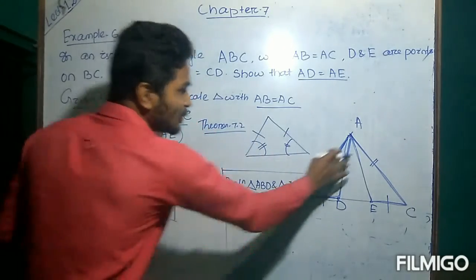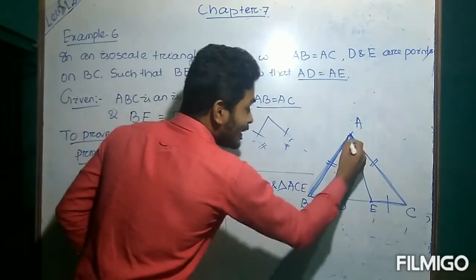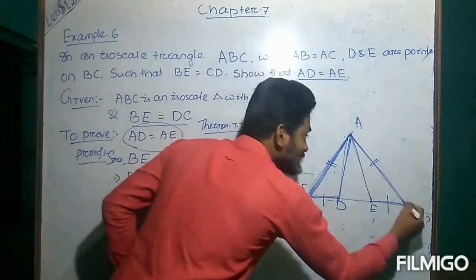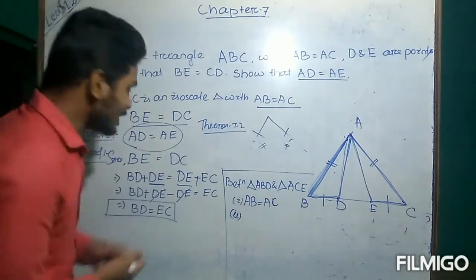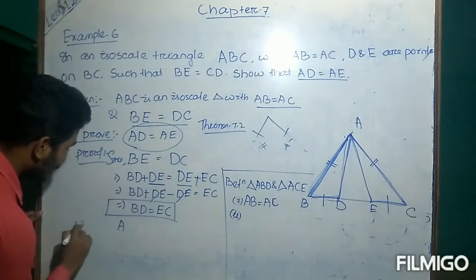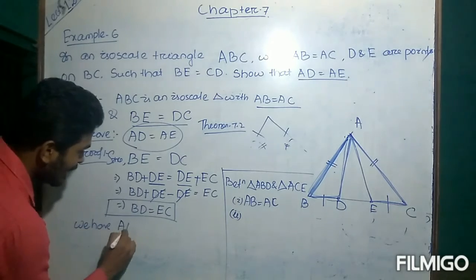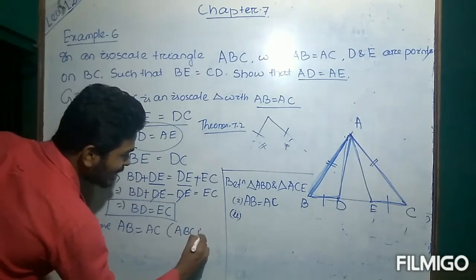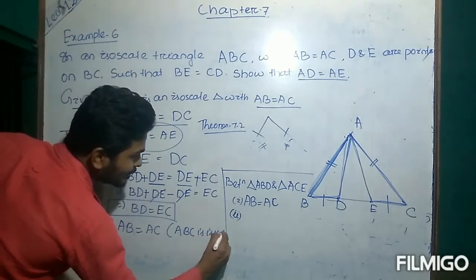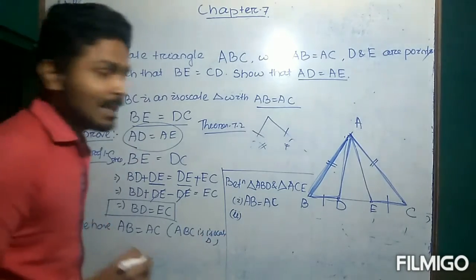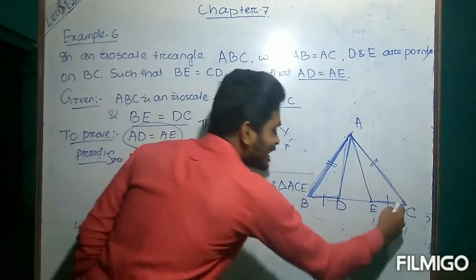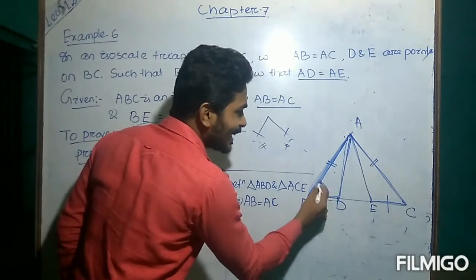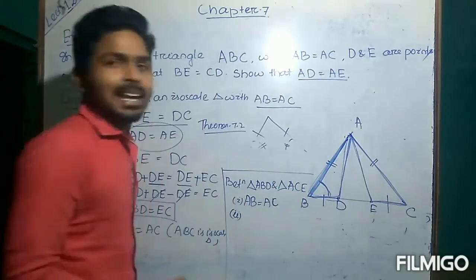So here also, as you know, AB side is equal to AC side. Yes or no? Yes. So we have AB is equal to AC. Why? Because ABC is an isosceles triangle. Now, if AB is equal to AC, then can we write this angle, which is the opposite angle of AC line?